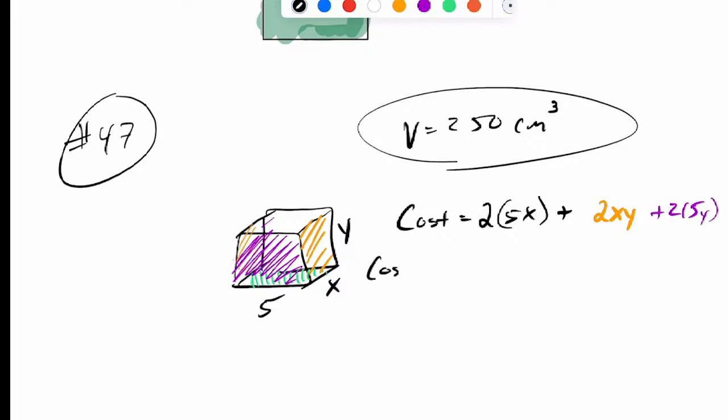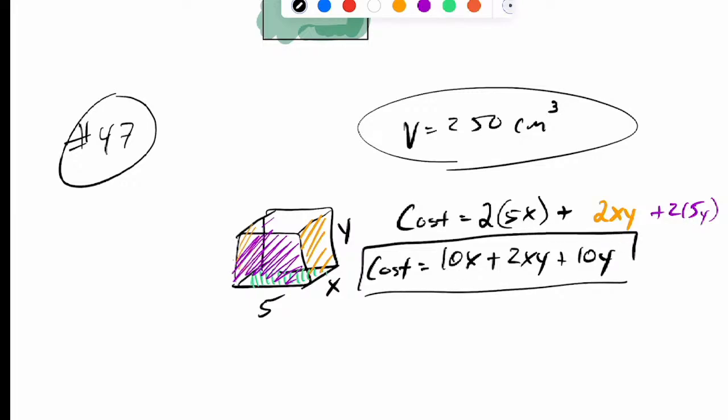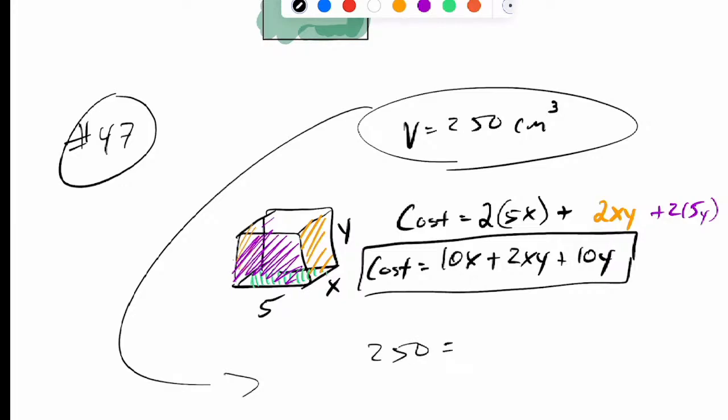So the cost of this box is 10x plus 2xy plus 10y. There's the cost of the box. And I know the volume of this box is 250, and it's equal to 5xy.